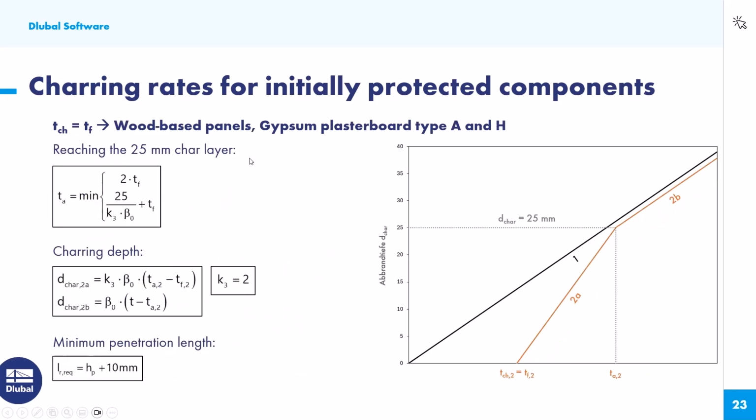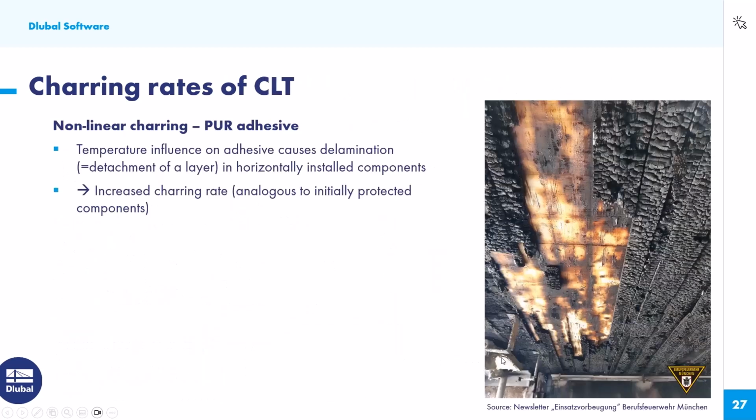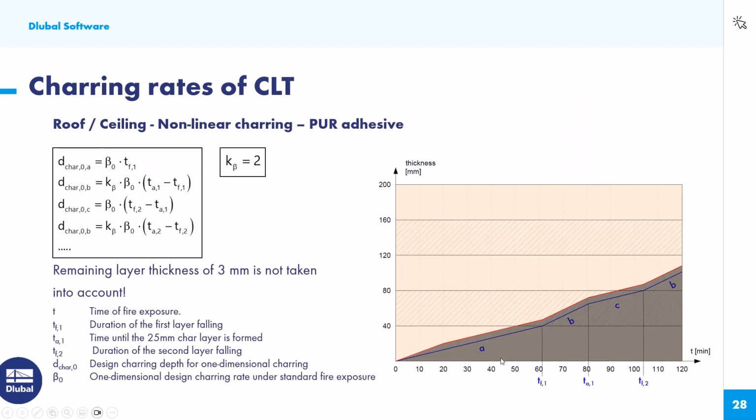Let's switch to this slide, to this initial protected components. And here we go. Then when the char layer actually reaches 25 millimeters, we can continue with the normal charring rate, and then it starts from scratch. So from here again, and so on.